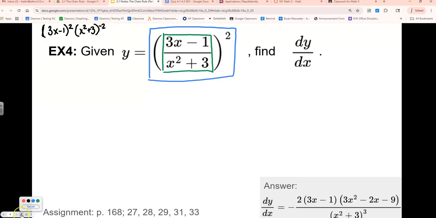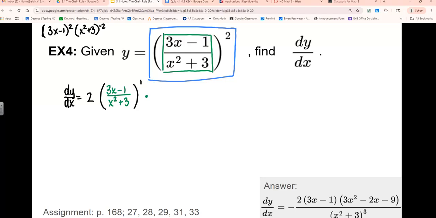So what I would do is take your derivative of the stuff being raised to the 2nd power: 2 times the stuff to the 1st power. And that stuff is your 3x minus 1 over x squared plus 3. But then you must multiply by the derivative of the stuff on the inside.